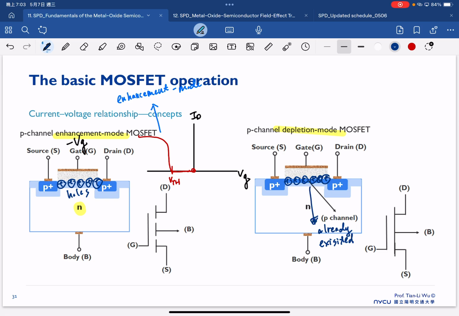So what we need to do is to think about one way to deplete our holes. And because we have a positive charge in the channel, the only way to deplete, to push away the holes, is that we need to apply the positive gate bias, right? So in this case, positive gate bias is needed to turn off the channel.